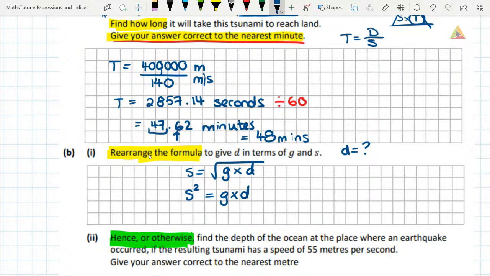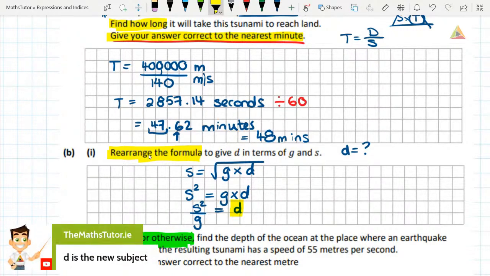And when we square both sides, we get S squared is equal to G multiplied by D. And to get D on its own, all that's left to do is divide by G, and we get S squared divided by G is equal to D. So I can see now we have D on its own, equal to something in terms of G and S. So we have D in terms of G and S, and we have rearranged that formula. So D is now the subject of that formula.